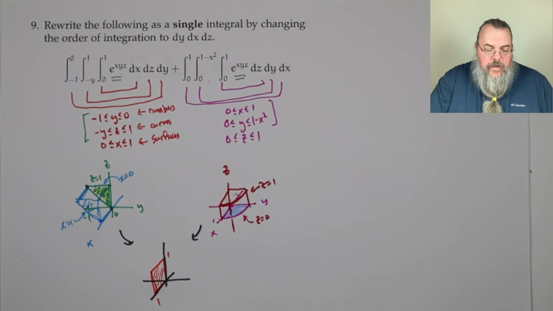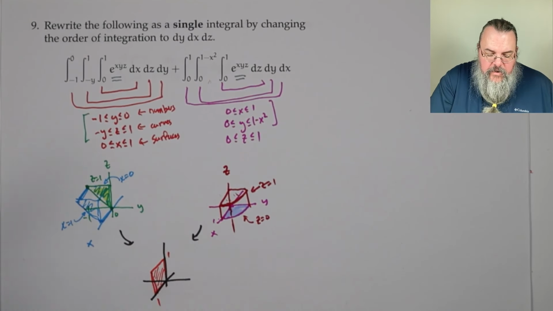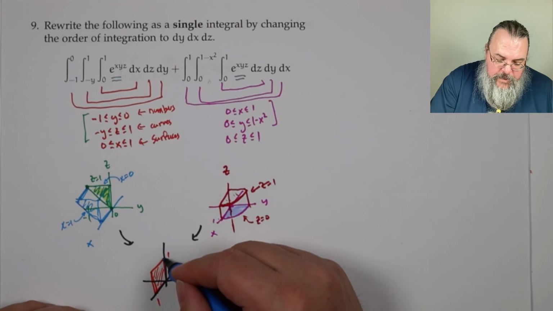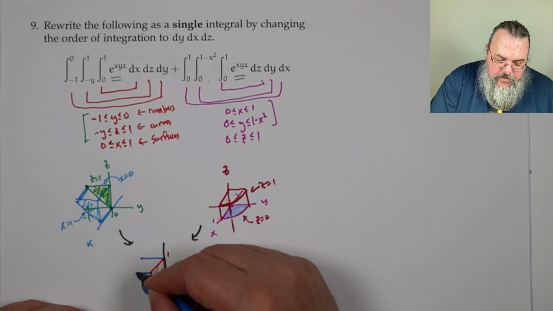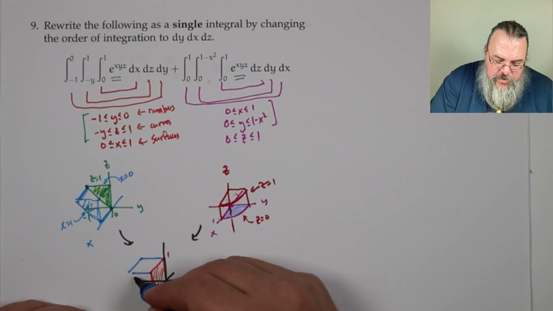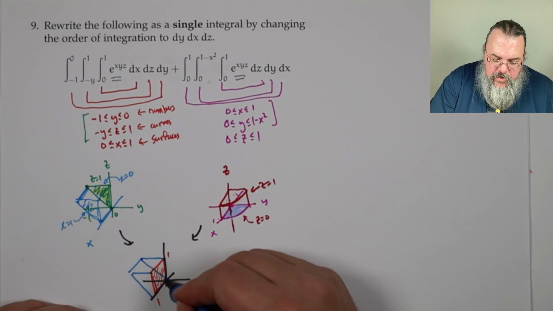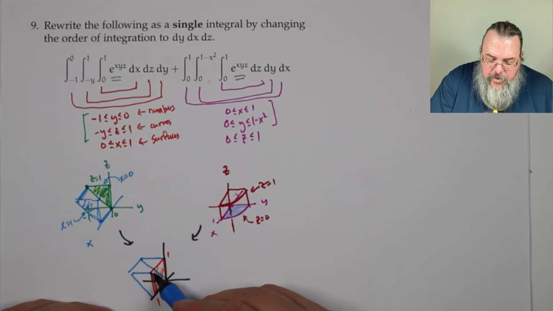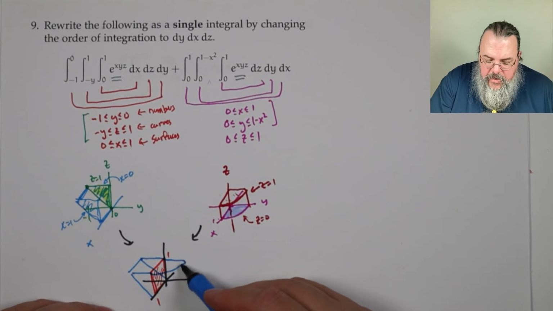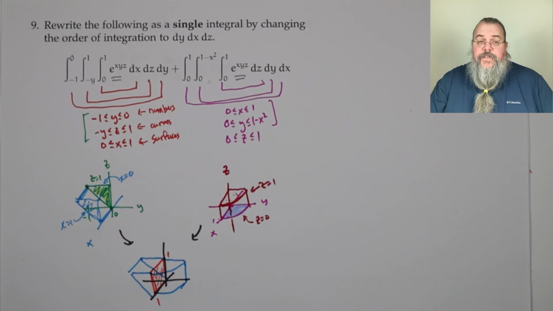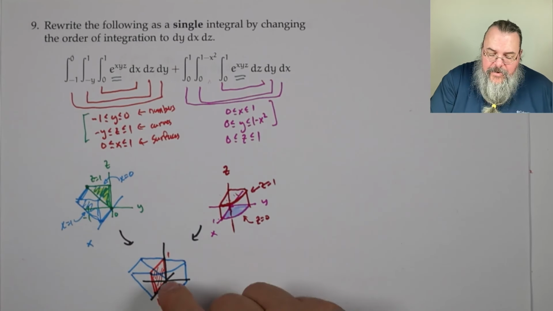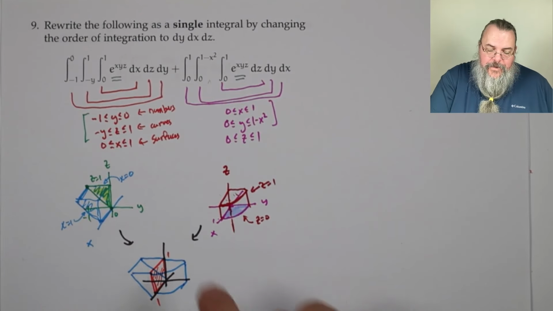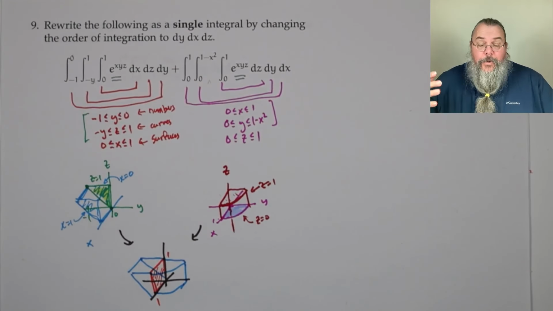On the back side, for the negative values of y, we come off into this triangular wedge. For the front side, we're spinning in a slightly different direction, so it's a parabolic wedge. And that's our shape.